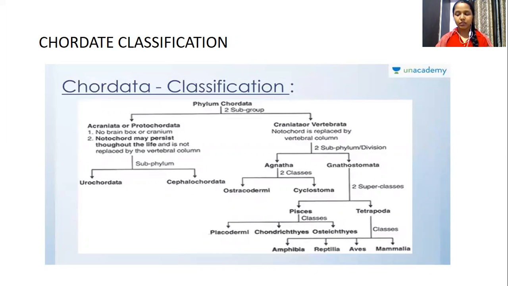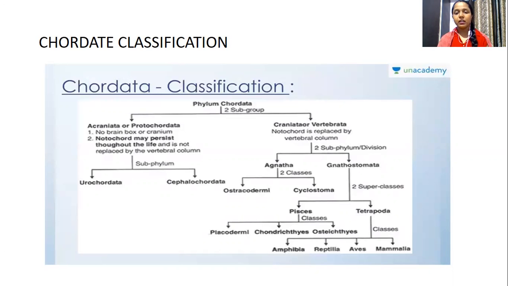Next are the cephalochordates. In the cephalochordates, we can see the notochord and the nerve cord from the anterior to the posterior region.